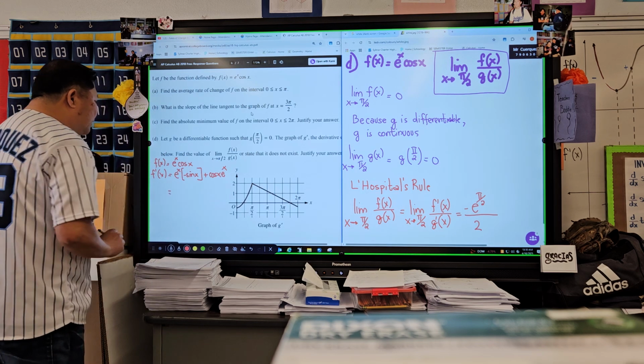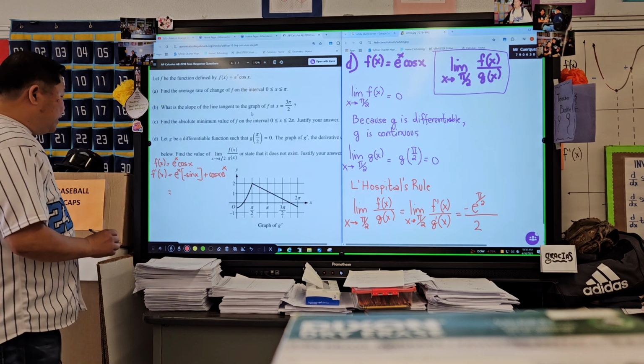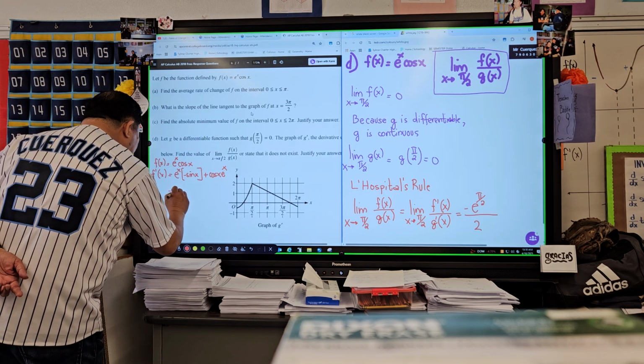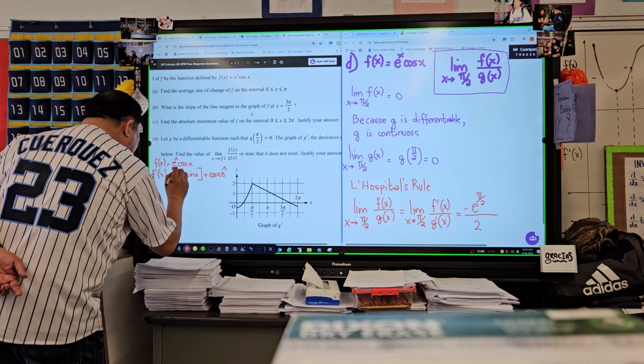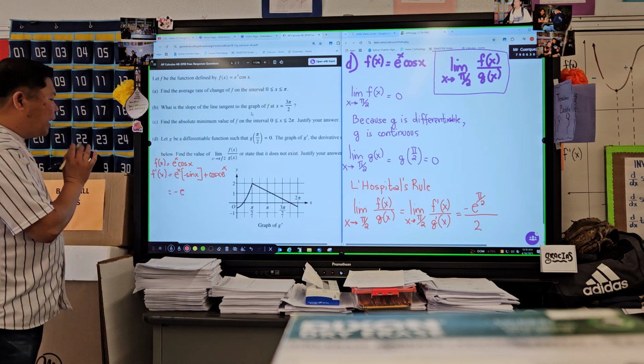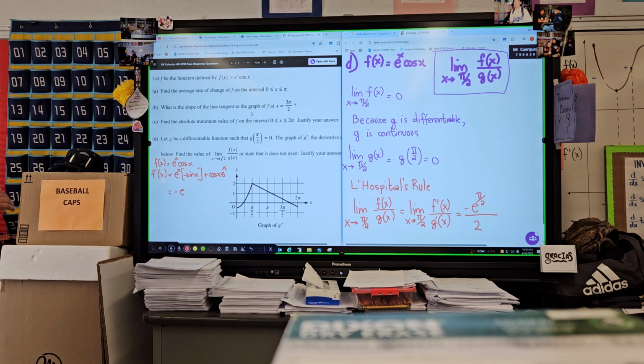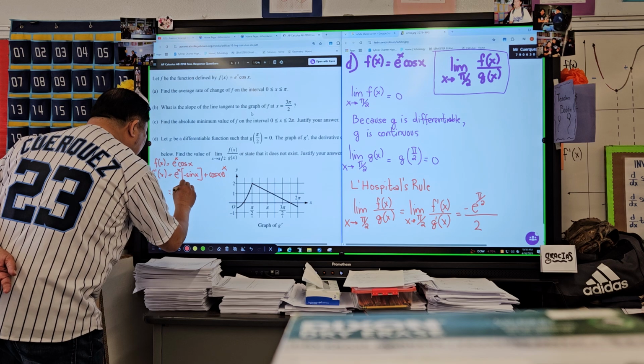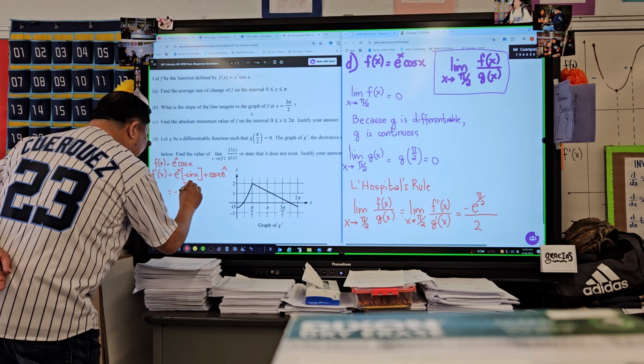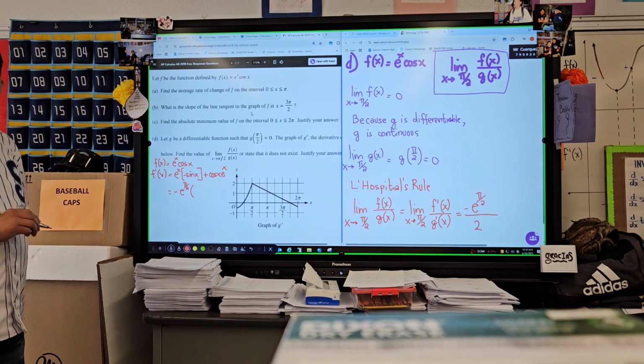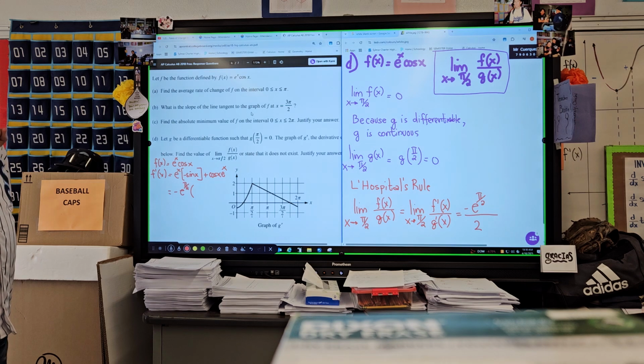Shall we continue? This is now negative e to the power of x. Can we plug in now? Pi over 2. What is sine pi over 2? 1, right?